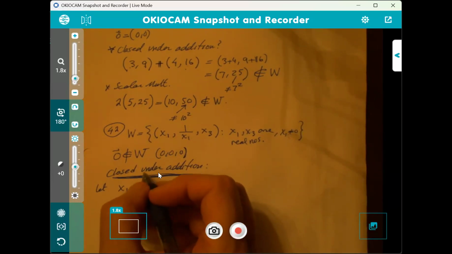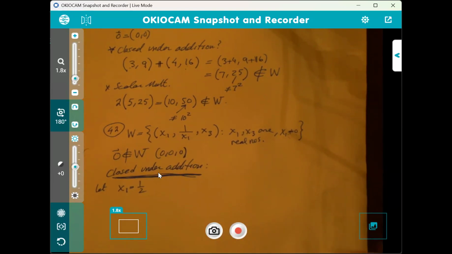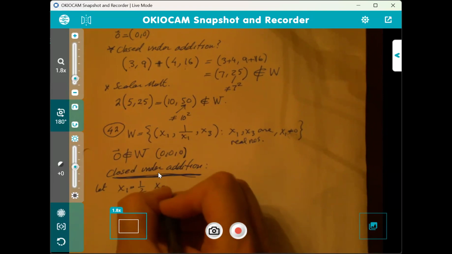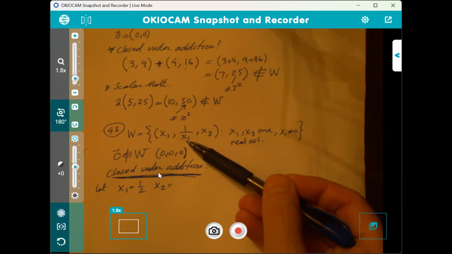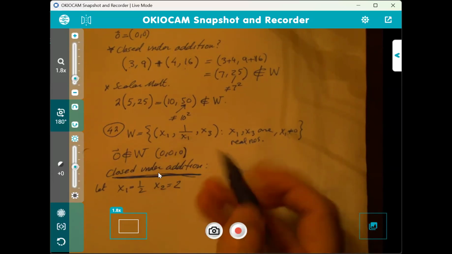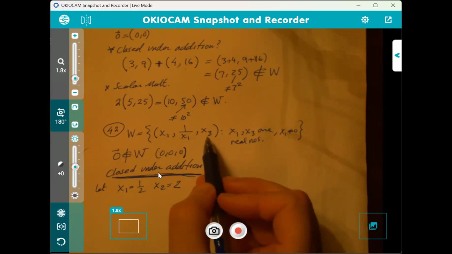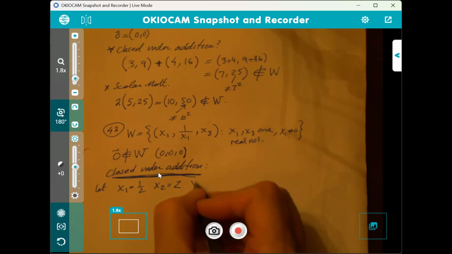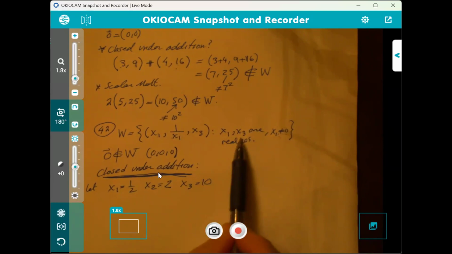How about 1/2? x1 is a half. If x1 is a half, what will x2 be? It's 1 over x1, the reciprocal of x1. That means x2 would be 2. I have no choice on that one. There's a rule for x2. And x3 can be anything, so I'm going to let x3 be 10 because there's no restriction on that.